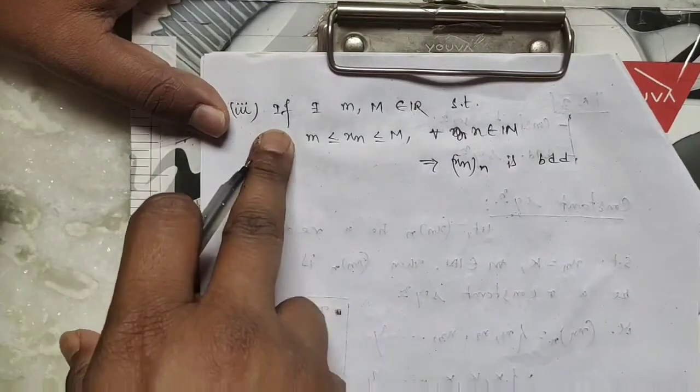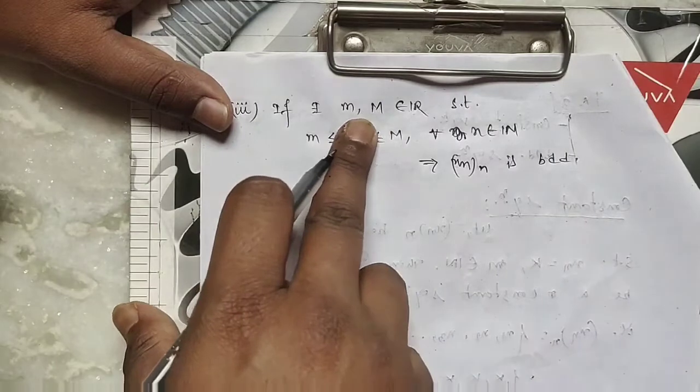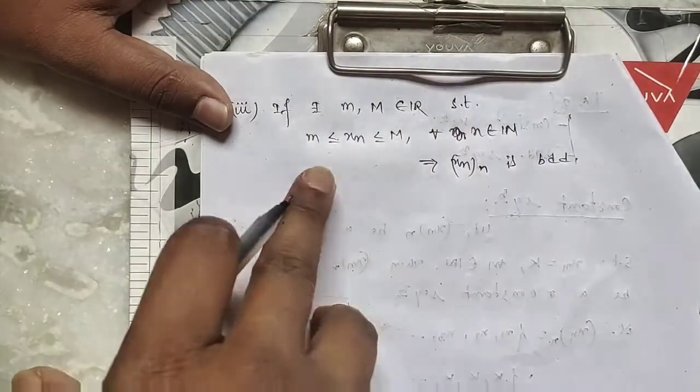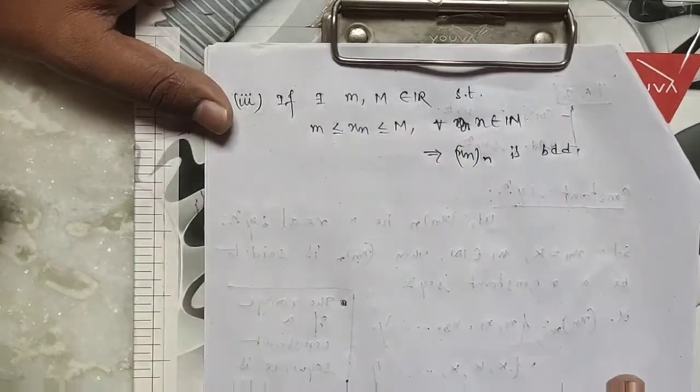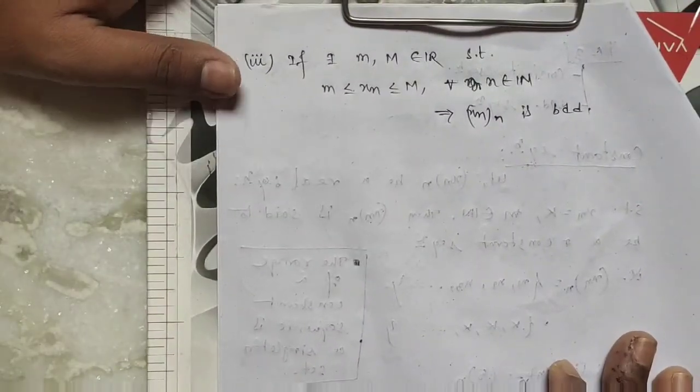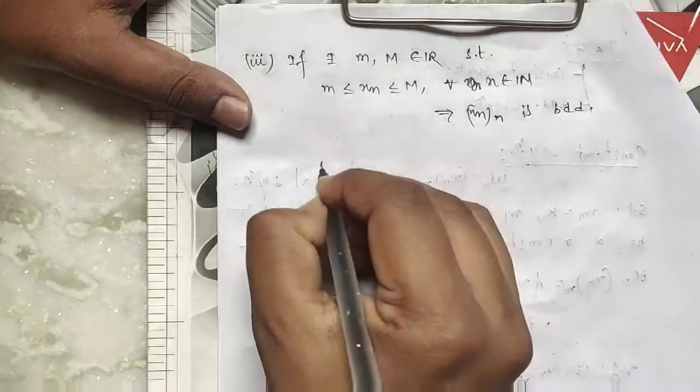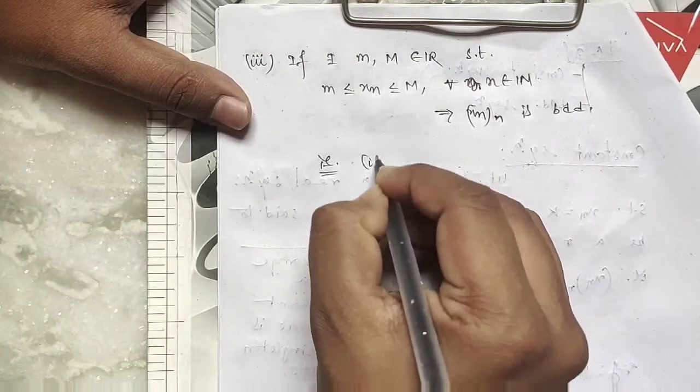If there exist m and M belongs to R such that m less than or equal to xn less than or equal to capital M for all n belongs to N, this implies the sequence xn is bounded.